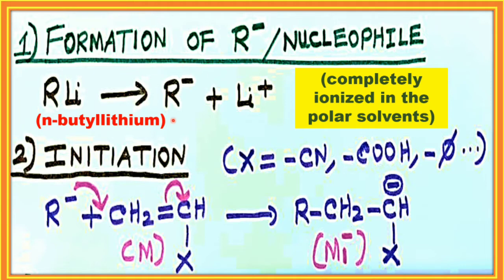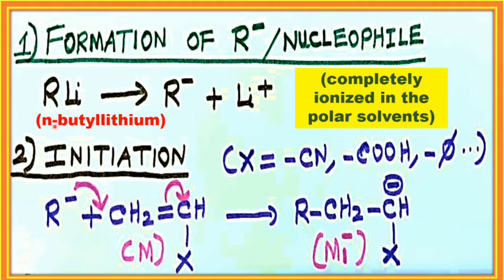The anionic species are formed from anionic initiators. They are similar to addition free radical initiators and cationic initiators. There are anionic initiators that give the anionic attacking species or nucleophile.